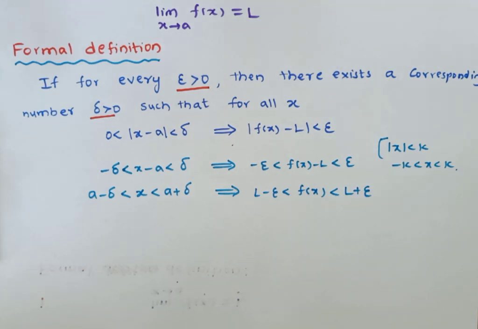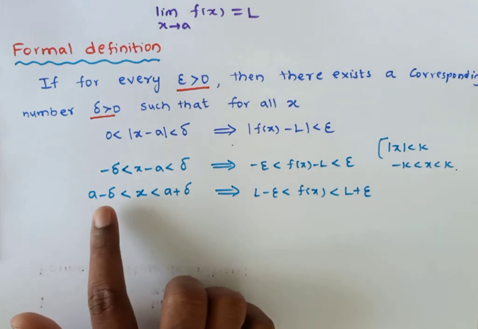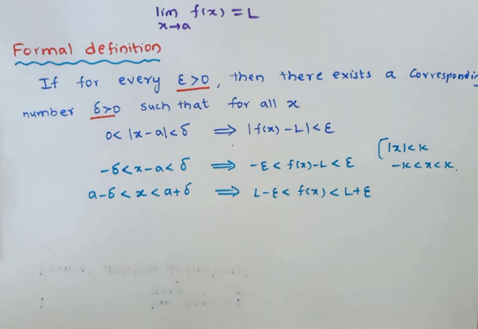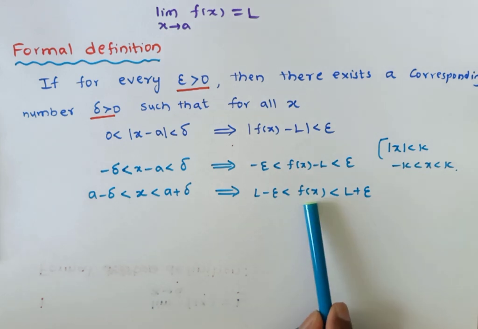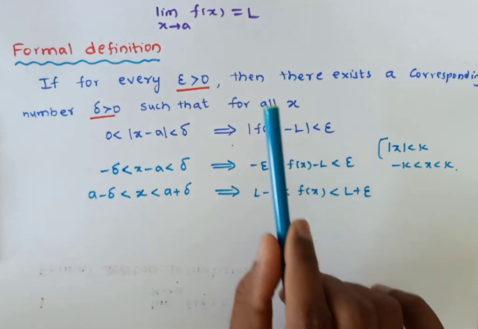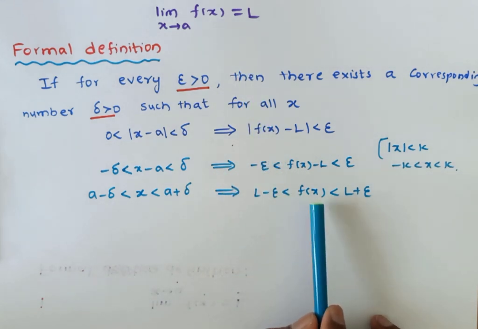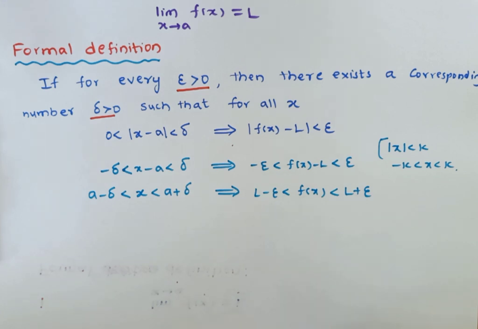You can observe the definition: the value of x is between a minus delta and a plus delta, then f of x is between L minus epsilon and L plus epsilon. Indirectly it says that f of x is in the neighborhood of L.